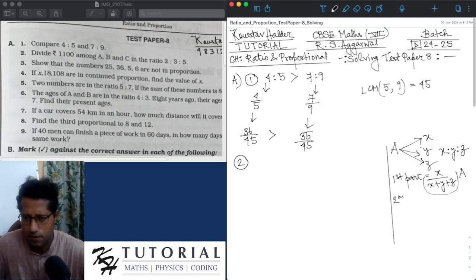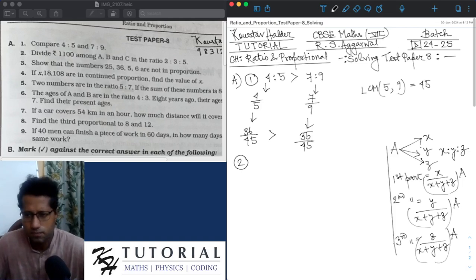Similarly, the second part will be y by x plus y plus z into A, and the third part will be z by x plus y plus z whole multiplied by A. A is the total quantity.